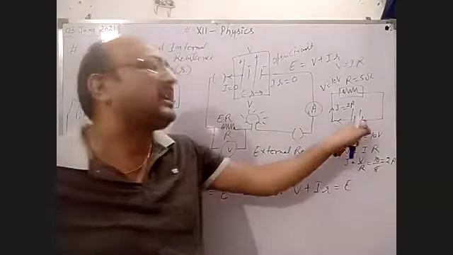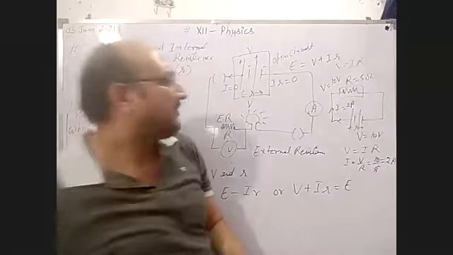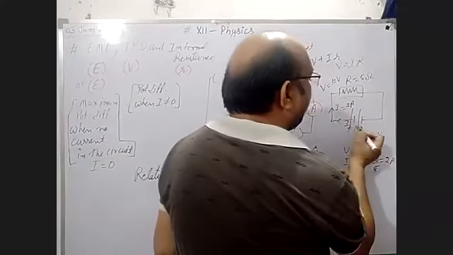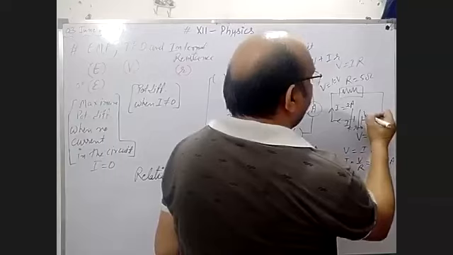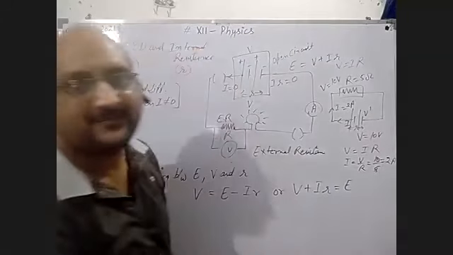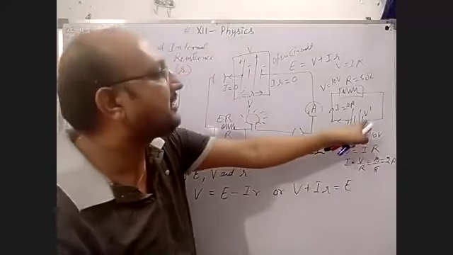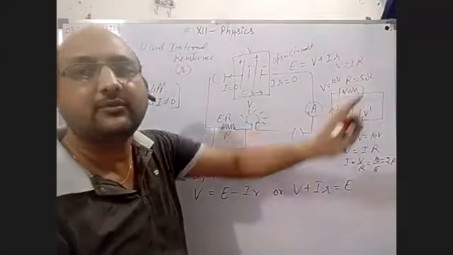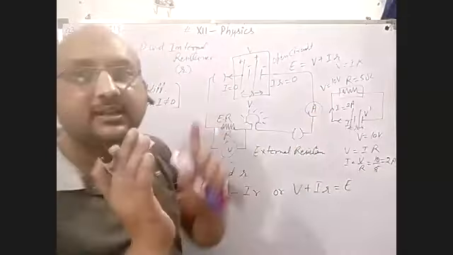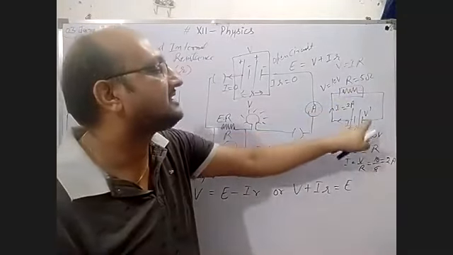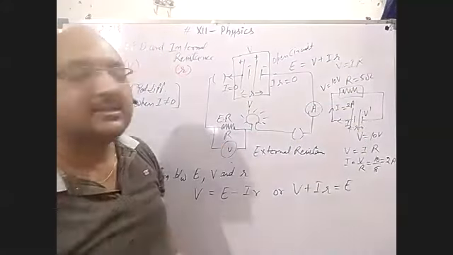Now, if we take this as internal resistance, then there will be current into resistance, a voltage V dash. And both are in series, not in parallel, because the same current runs through both. That's why you have to take the same current for both the external resistance and the battery.